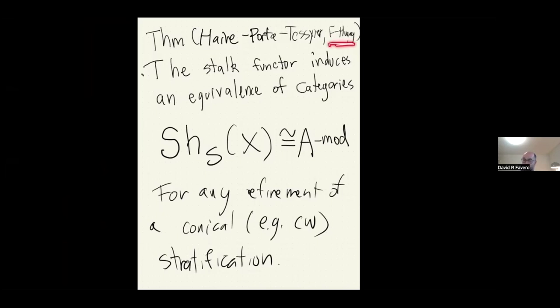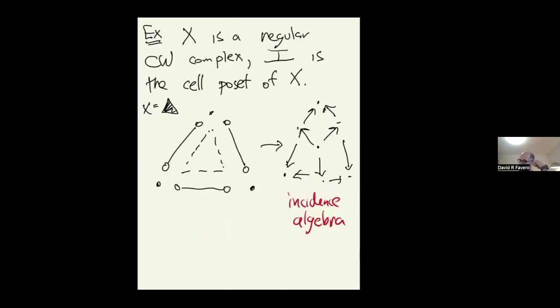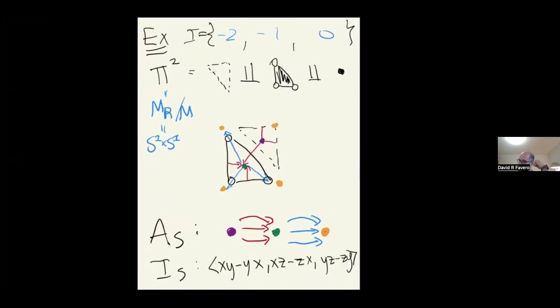For what we needed in mirror symmetry, we proved some version of this for coarsenings of CW stratifications, like the one I drew for you, right? If I look at this stratification here, it's not a CW stratification, but it's the union of a bunch of CW cells, right? So there is a CW stratification, which this is a coarsening of.